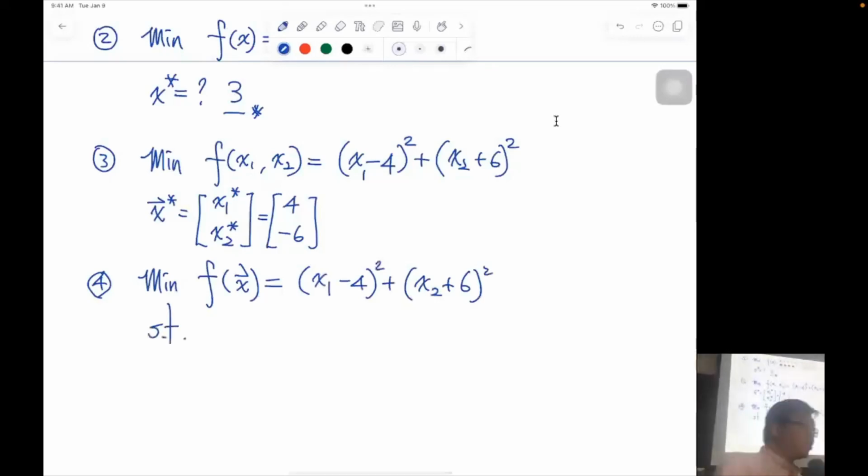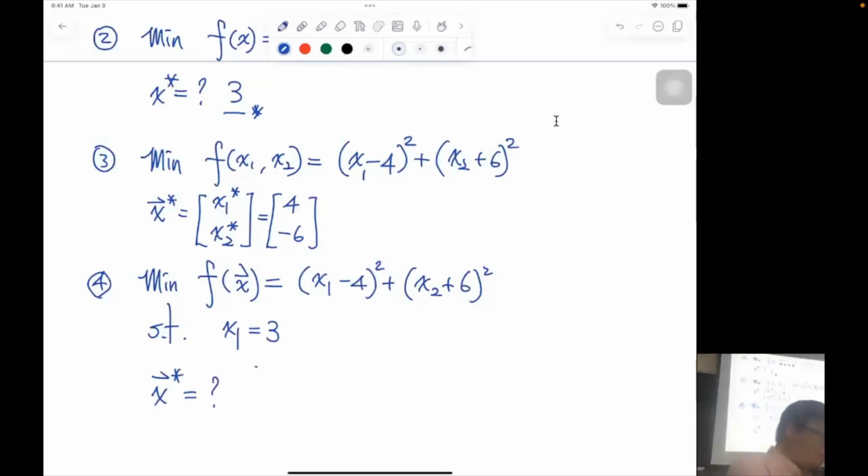But this time I'm putting a constraint here. So there's a limitation. You need to satisfy the constraint and at the meantime find the optimal. How about x1 must equal 3? Anyone? So what is optimal?